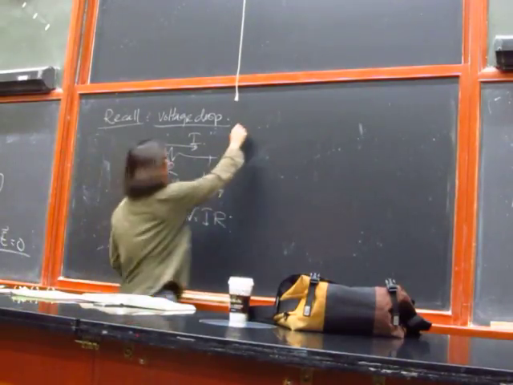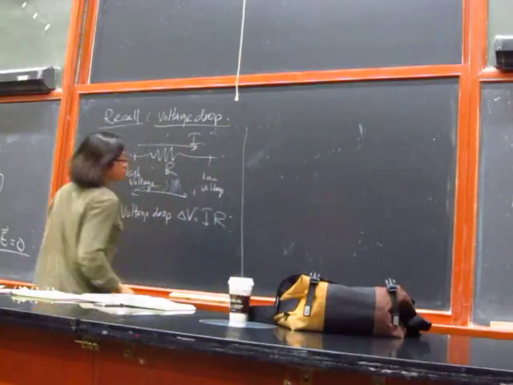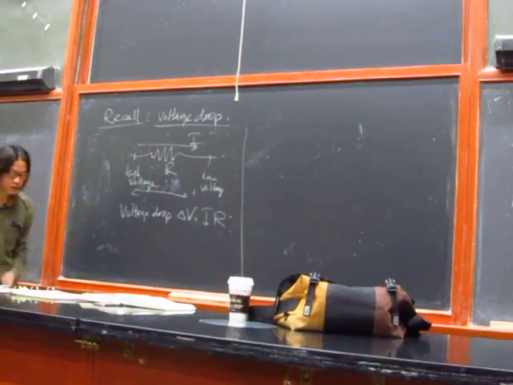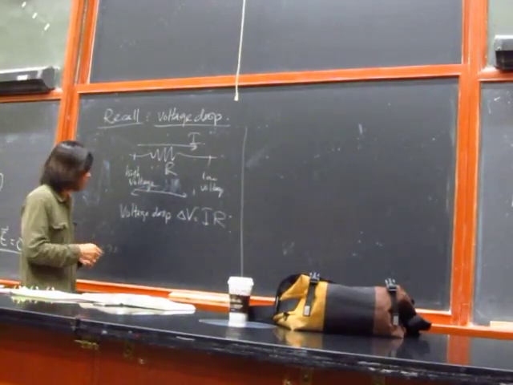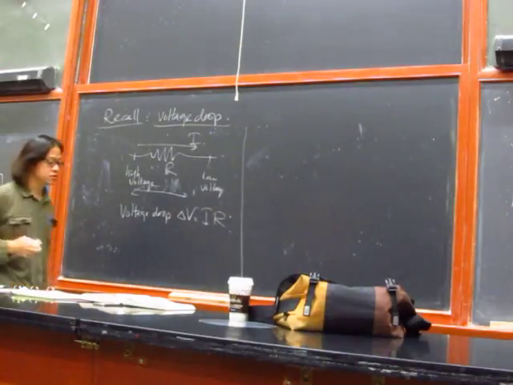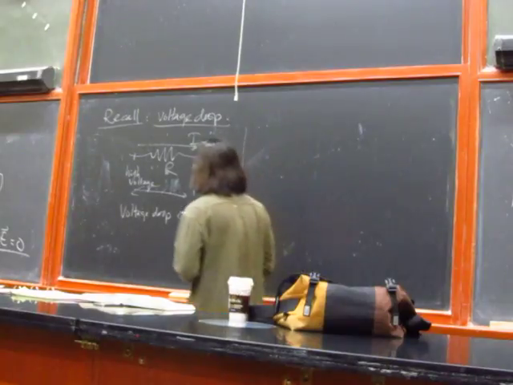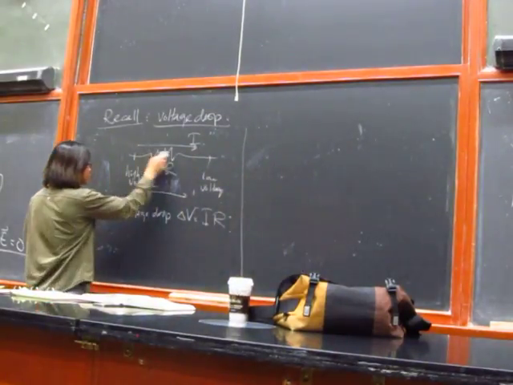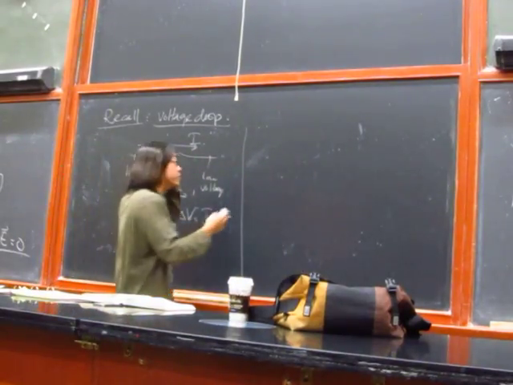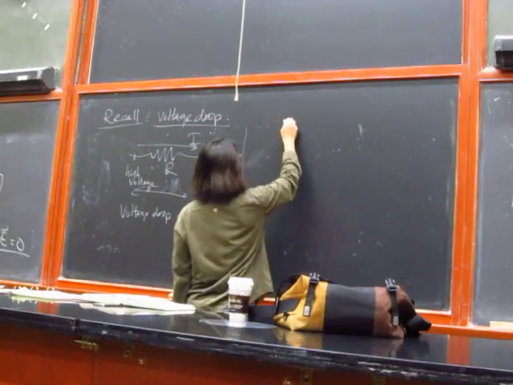And so we did a few examples of circuits on Monday. We showed equivalent resistance for resistors in series and parallel. This is called a resistor, by the way. You can do the same thing for a voltage drop for a capacitor.